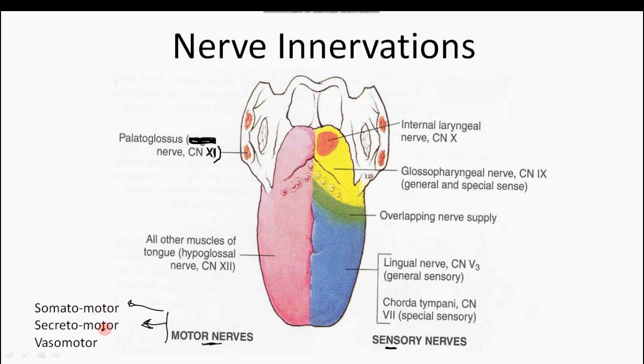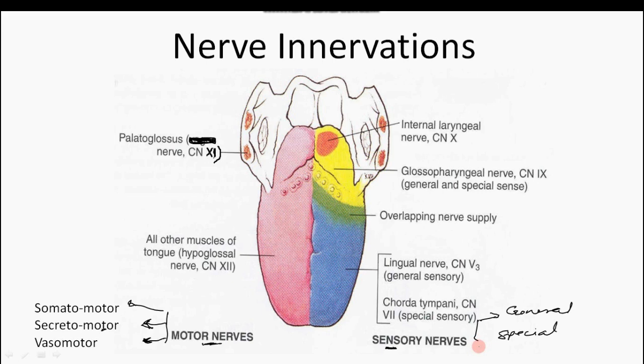Whereas one is the vasomotor, responsible for the extent of blood supply to the tongue. Now sensory nerve, one is general sensory, another is special sensory. So we will talk about each feature one by one, and the nerve responsible for the particular action.